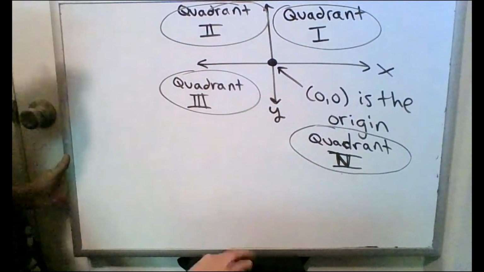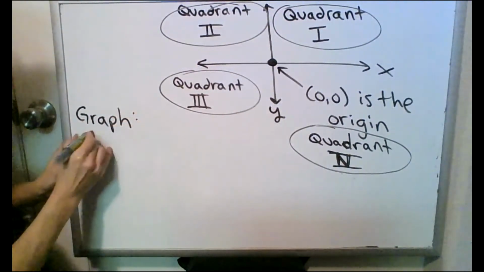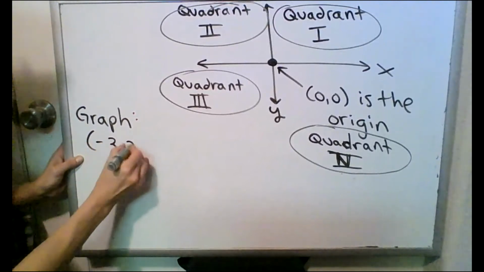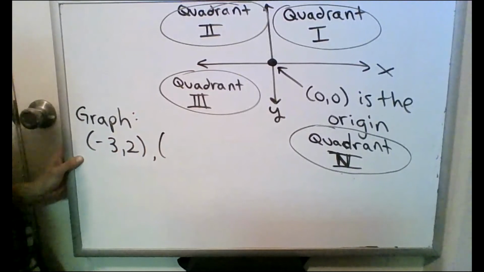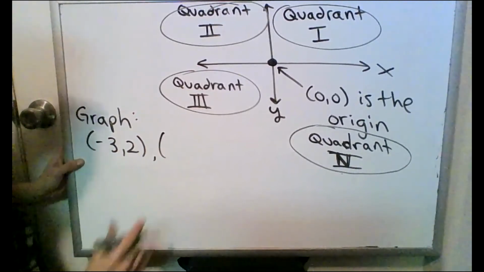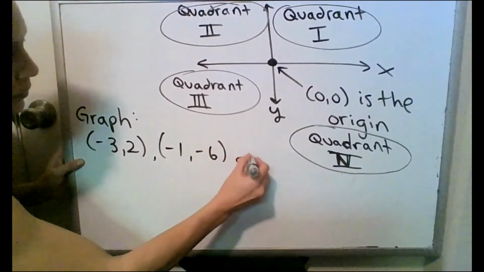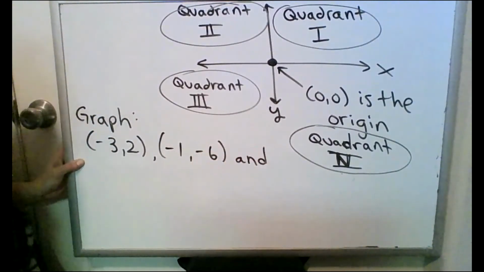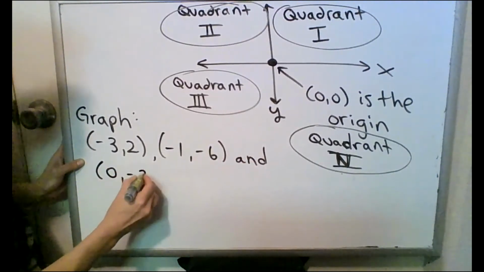So let's graph the points (-3, 2) and (-1, -6). And one more, (0, -2).